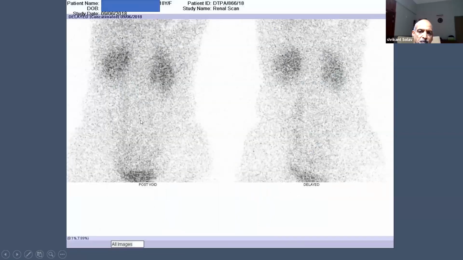In the delayed image, you can see the left ureter is visible. Normally, the gamma camera resolution is not good enough to visualize a normal, non-dilated ureter. So if you are able to visualize the ureter on a DTPA renal scan with a gamma camera, then it means that the ureter is usually dilated.